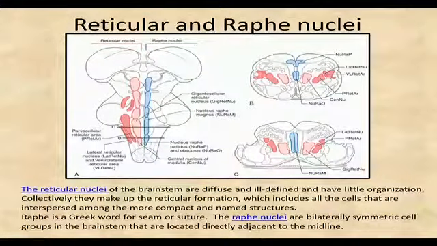The reticular and Raphe nuclei, Raphe nuclei. I know that Dr. Ferris mentioned it briefly yesterday because he talked about pain signals coming into the spinal cord, and how they can be modulated.